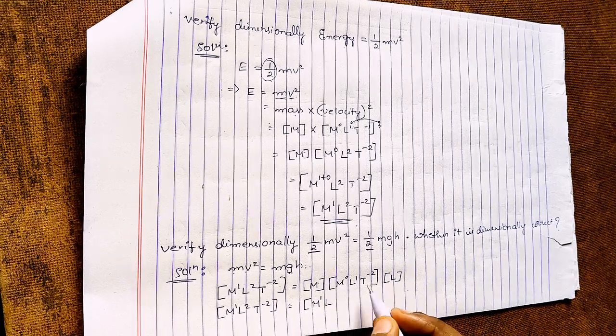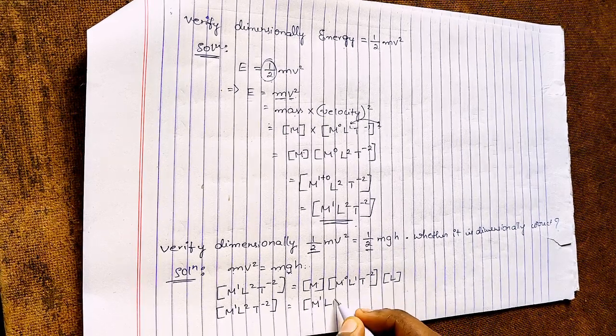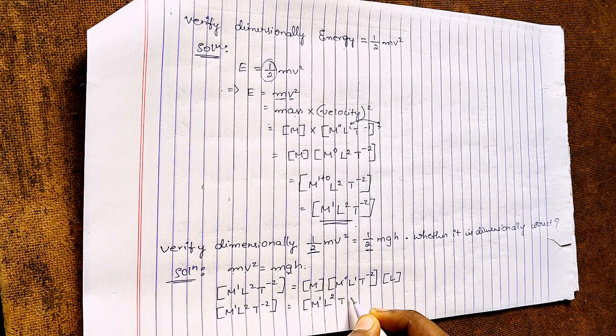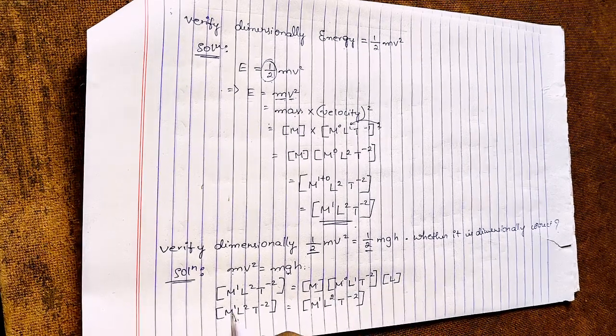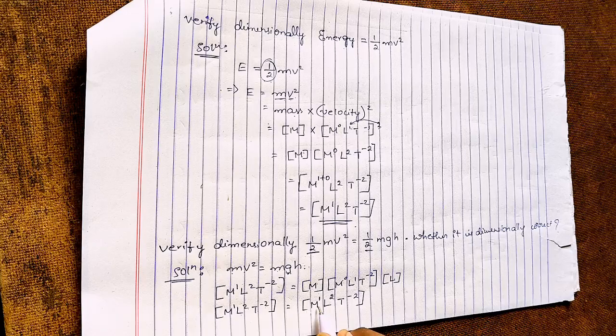So M to the power 1 plus 0 is M to the power 1, into L to the power 1, again L to the power 1. L to the power 1 plus 1 is L to the power 2, into T to the power minus 2 as it is.